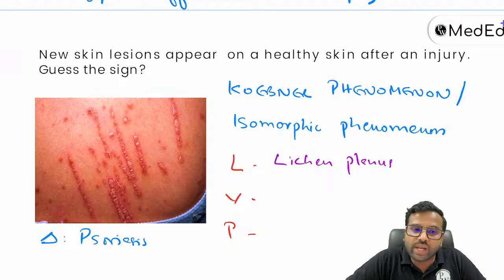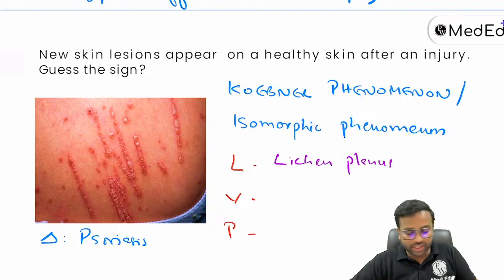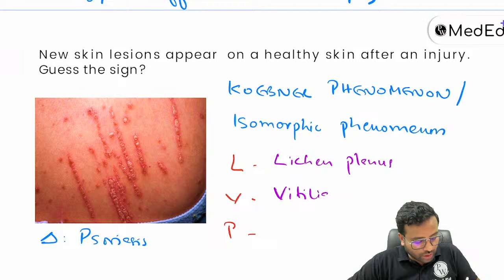Any guess what V is? V stands for vitiligo. Very good. Sharan is answering it right. Gautam is also answering. And P stands for psoriasis.